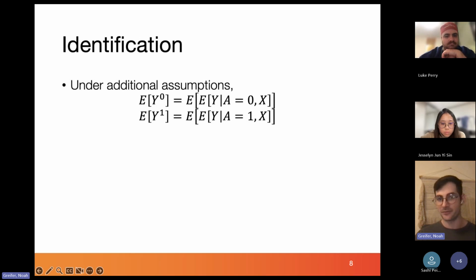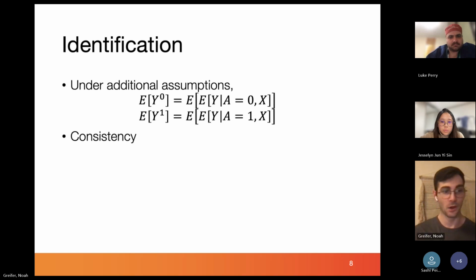This is the average outcome for those who received control and have a specific patient profile. That's what this X means. So we can estimate the average outcome for those who received treatment and have a given patient profile. And if we average that across all of the patient profiles, we can arrive at the expected potential outcome under control. Pretty cool.